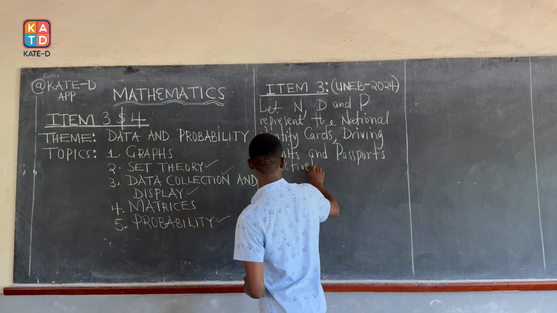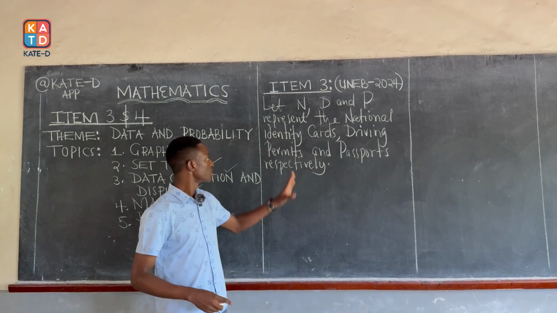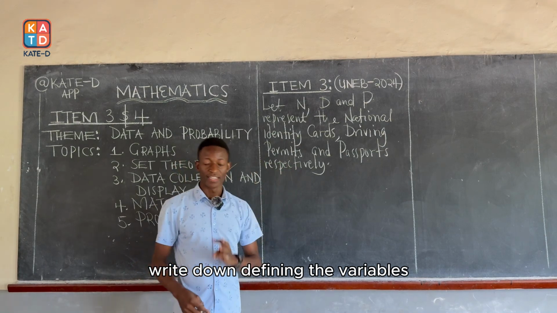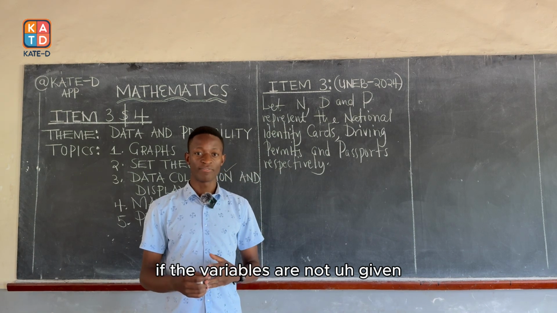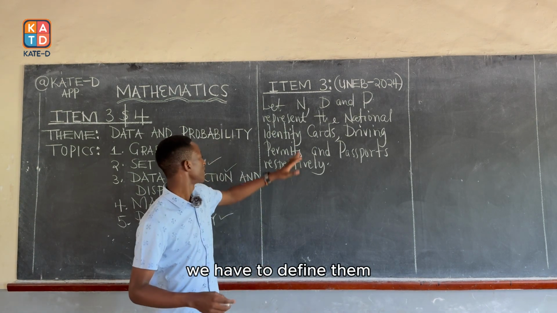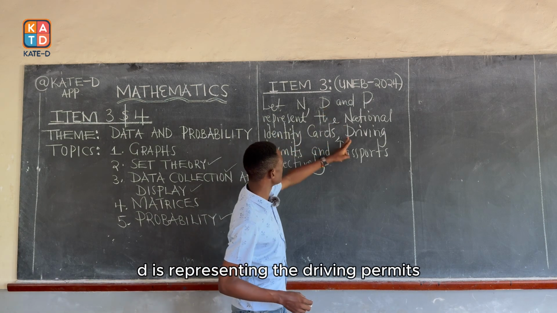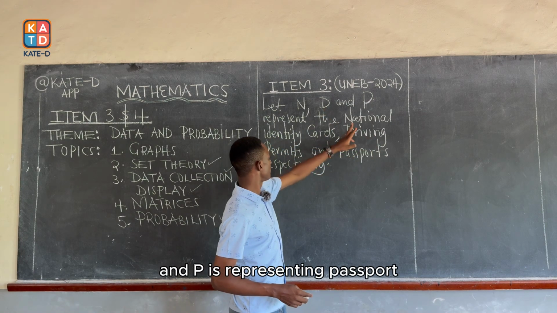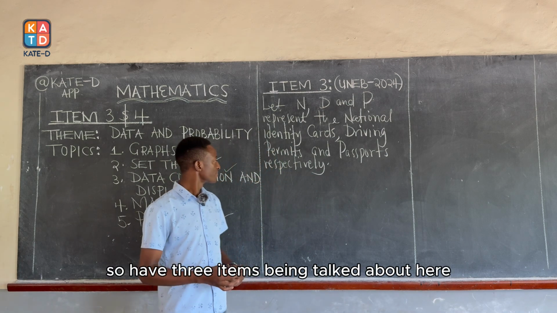That is the first thing that we always have to write down, defining the variables. If the variables are not given, we have to define them. So N is representing the national identity cards, D is representing the driving permits, and P is representing passports. So we have 3 items being talked about here.